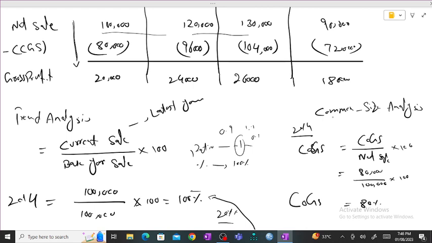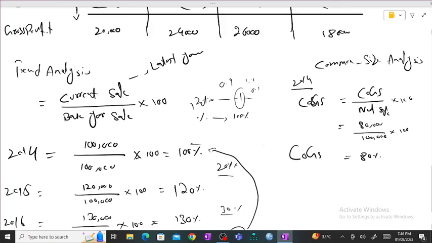The base year will remain the same, although they will tell you what the base would be. Then you will calculate the gross profit or the COGS percentage accordingly. For the next year 2015, the base would be 120, and for the next 130, and then it would be 90,000.